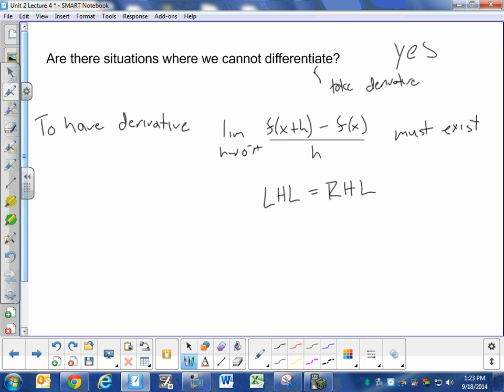If I talk about h approaching 0 from the left, what is this giving us? Where did we get this formula from? Slope. This is telling me that h approaching 0 from the left gives the slopes from the left. The slopes from the left must equal the slopes from the right for the limit to exist, which means for the derivative to exist.